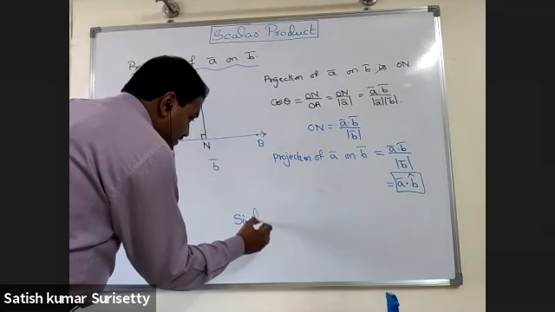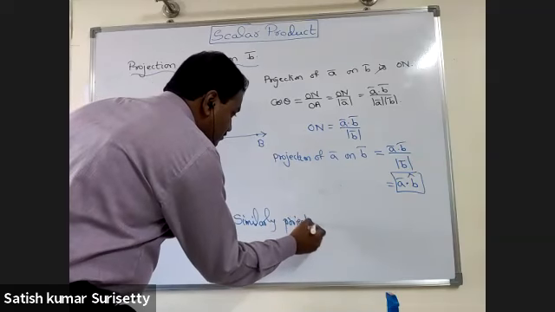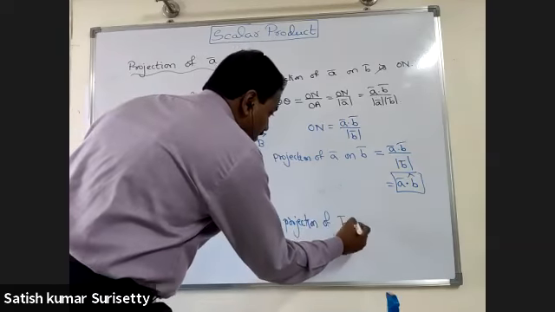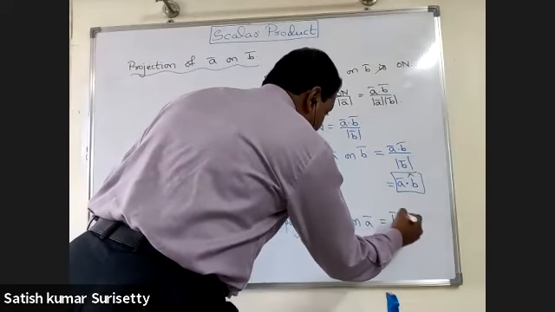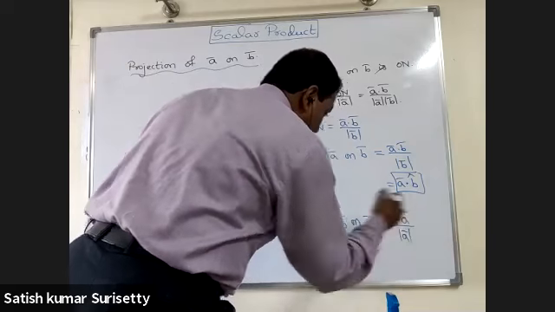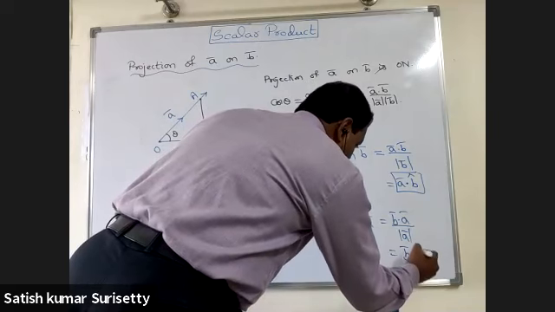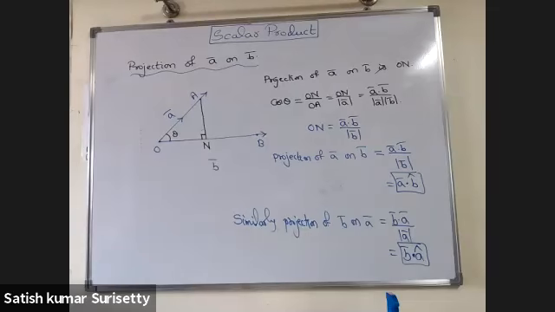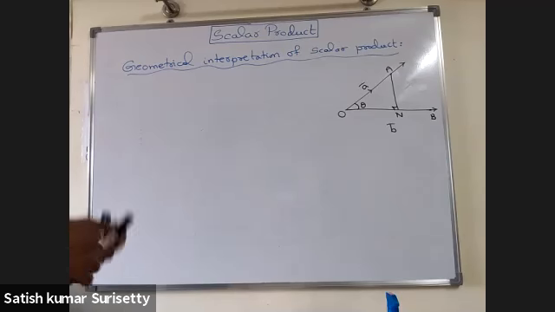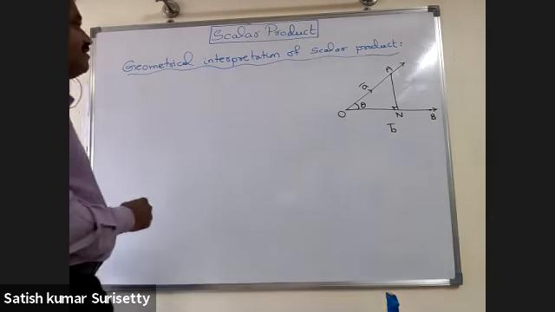Similarly, we can write the projection of B bar on A bar as B bar dot A bar upon modulus of A bar, or B bar dot A cap. Geometrical interpretation of scalar product.